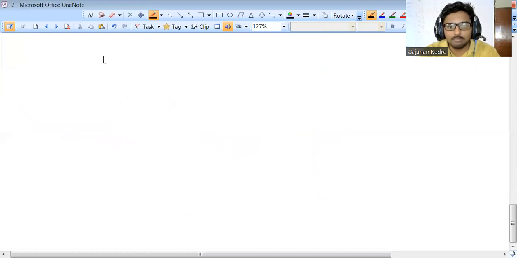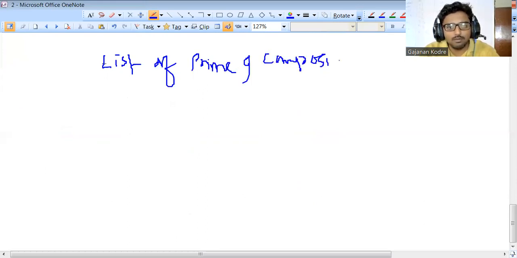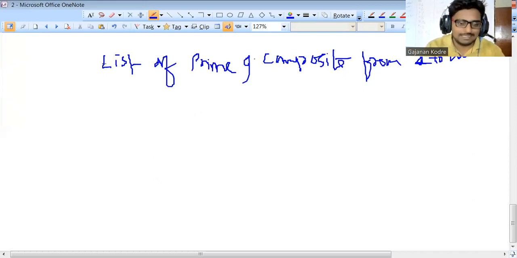By the sieve of Eratosthenes, we can find the list of all prime and composite numbers from 1 to 100. Whatever prime and composite numbers lie between 1 and 100, we can find that list easily.